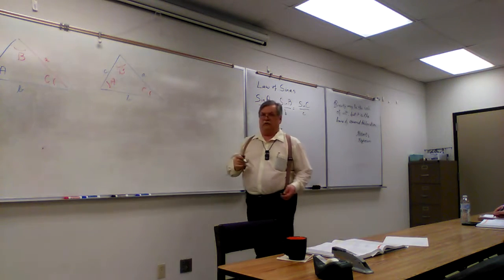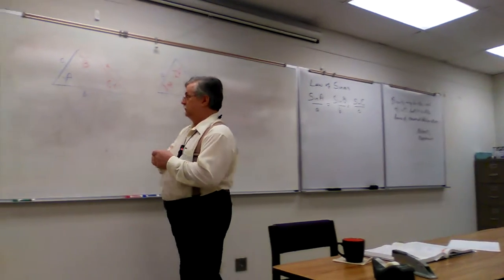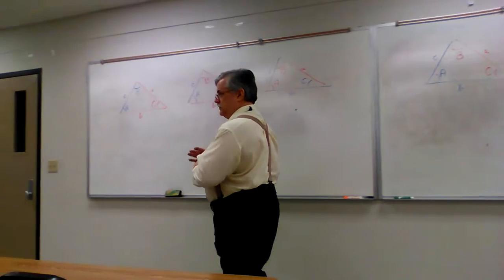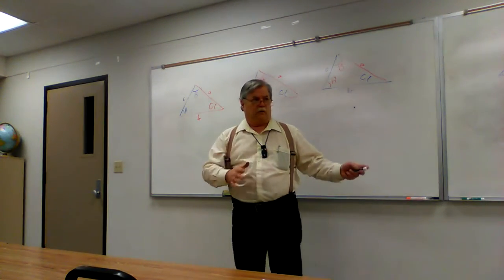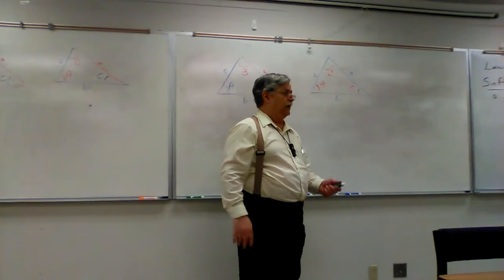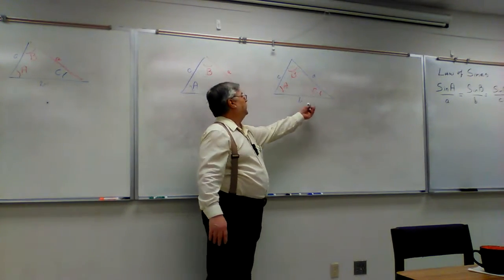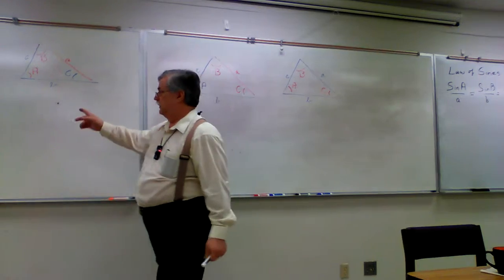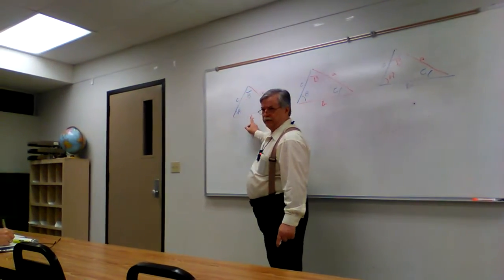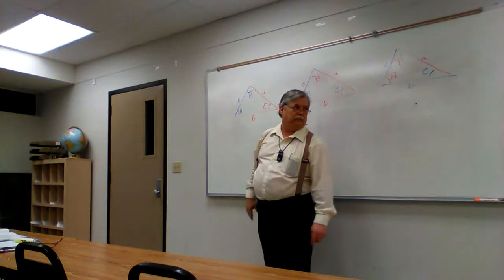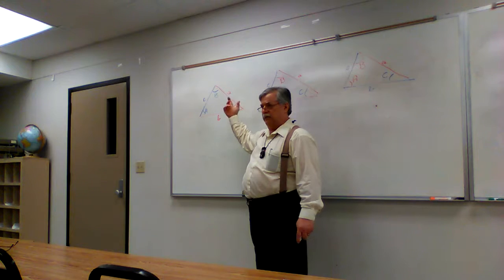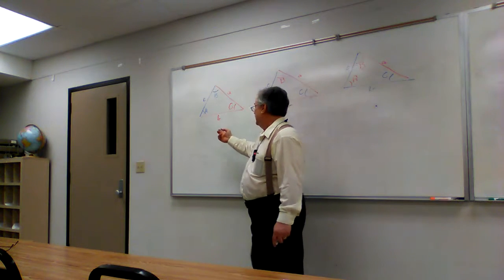The ratio of the sine of the angle divided by the opposite side is equal for all three angles and sides. You'll notice that when I labeled all of these triangles, I always labeled the angle opposite the side of the same name, distinguishing angles and sides by making them upper or lower case.